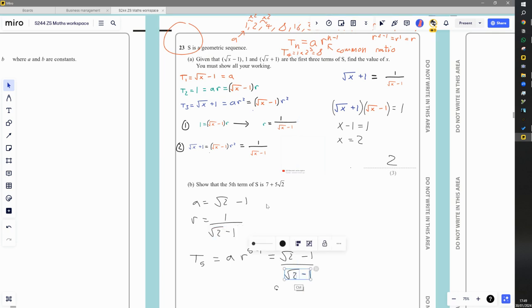I'm going to do that slightly differently because it might be a bit confusing. So root 2 minus 1, and all that is to the power 5 minus 1, which is to the power 4.